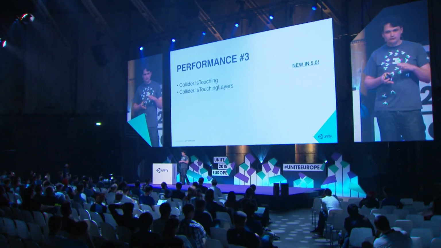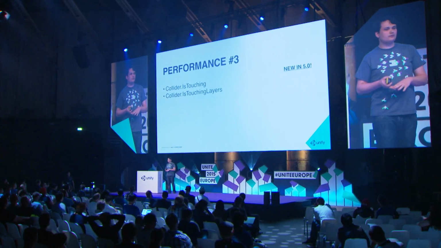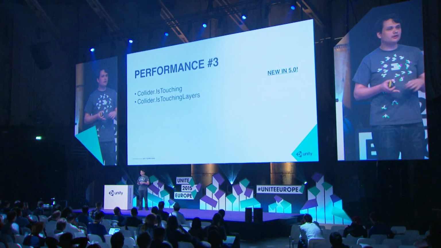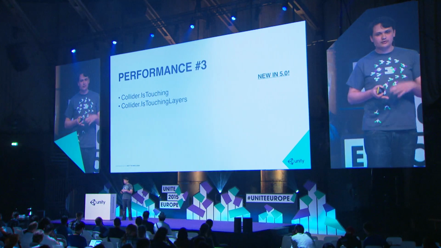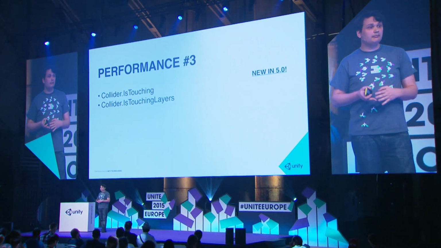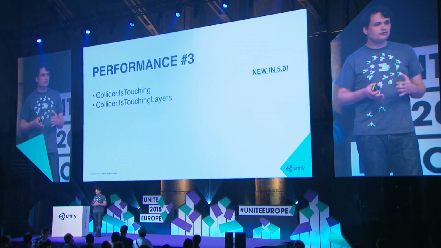In 5.0, we introduced new APIs for that. You can simply call Collider2D.IsTouching, or Rigidbody2D.IsTouching. This function is pretty cheap because it doesn't do any queries. It simply looks into the internal database to see if there was a contact registered. So it's as cheap as possible, and it doesn't introduce any GC pressure, so please use this.